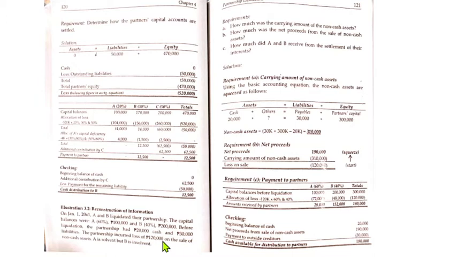Loss is computed when we compare the net cash proceeds and the carrying amount of the assets. So, let us take a look at the solution. The loss on the sale is 120,000, given na ito. So dito tayo magsisimula.